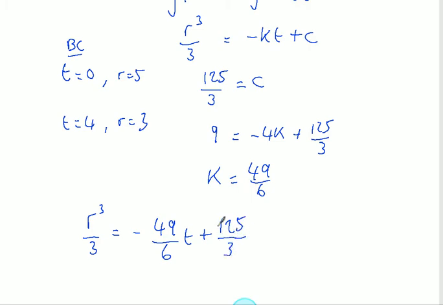Now the question did say we had to define our variables, so we should do that. So r is the radius in millimeters and t is time in mins. That's what it means by define your variables. Okay, it's no more complicated than that.